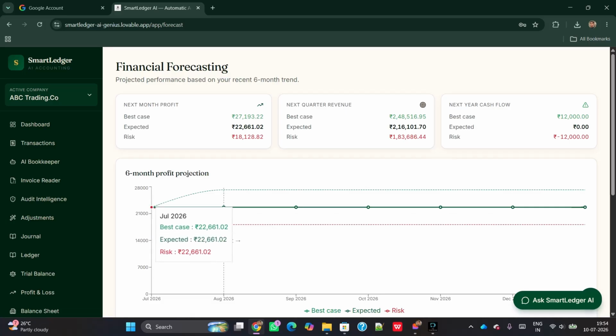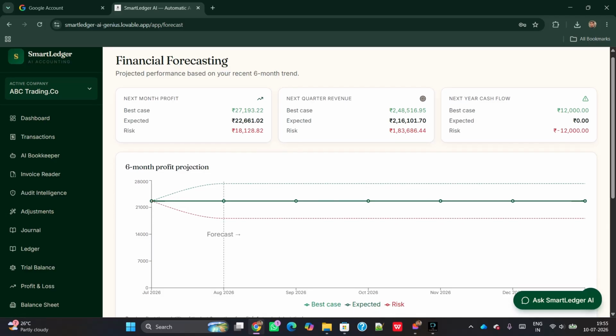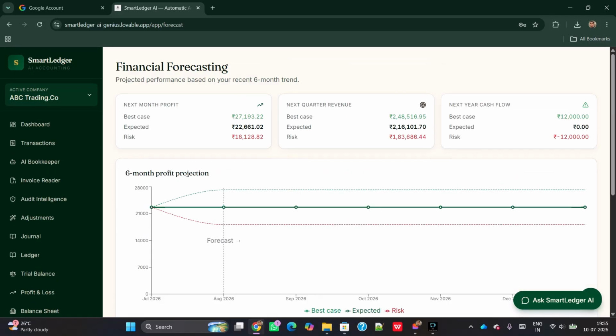How much sales would be done as expected, how much sales would be done in the best case, and it also calculates the risk of further months. It also calculates the next quarter revenue and expected next quarter revenue as well as expected next year cash flow. All these are based on the expectation about this year's sales.